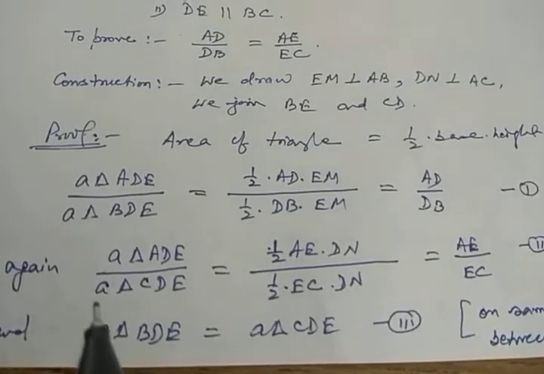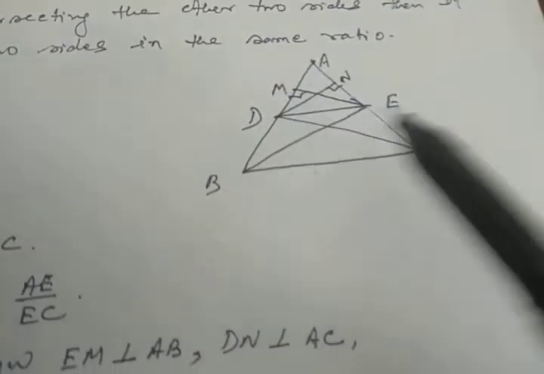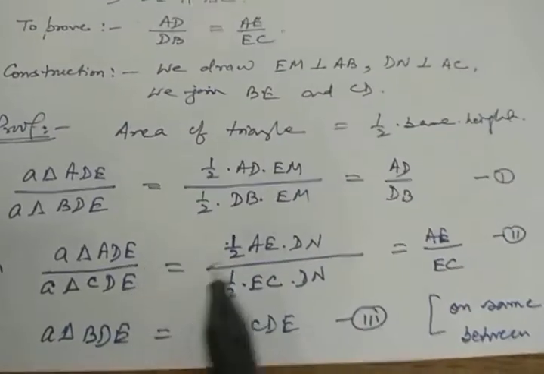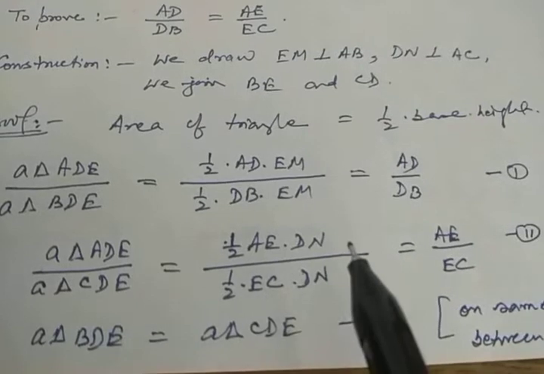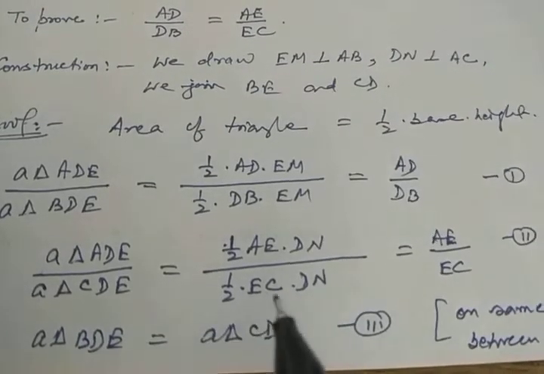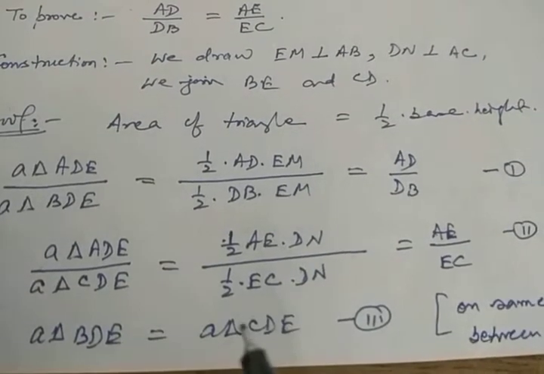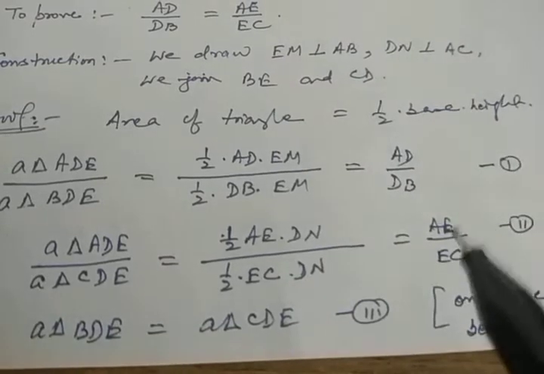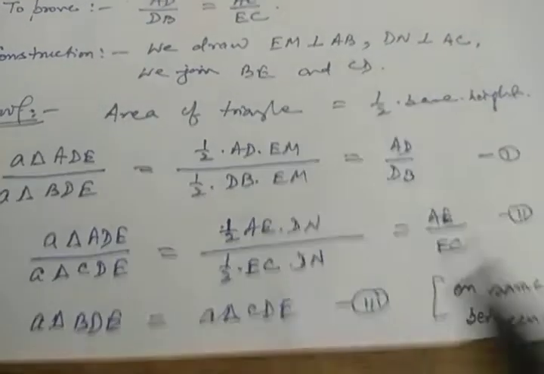See the other part. We take triangle ADE by triangle CDE, where DN is perpendicular. In the same way, you can write half into AE into DN and half into EC into DN. Now half DN cancels, so AE by EC. So this is the first part, this is the second part.